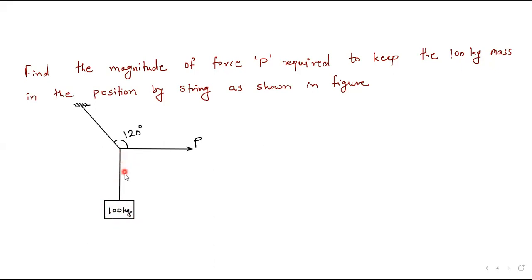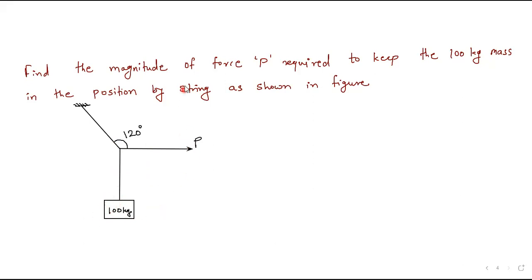The force of 100 kg acts downward, and it is attached to the string. Due to this mass, there will be some force generated in the string also, and we have to find the force P such that this 100 kg mass will remain in its position. It should not move here and there.